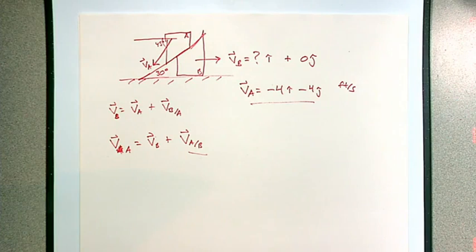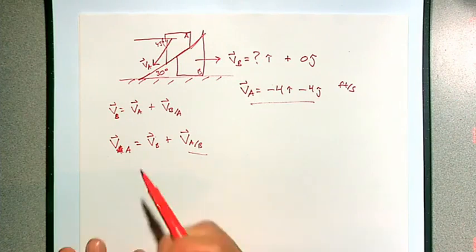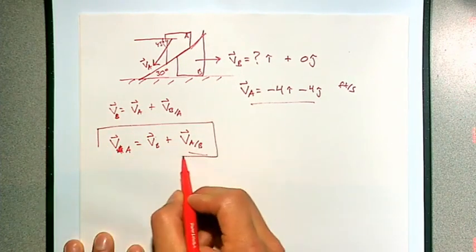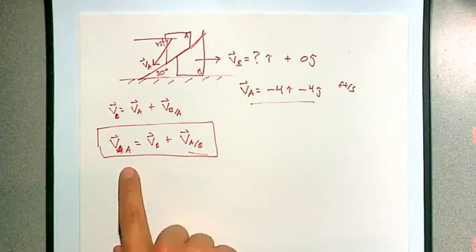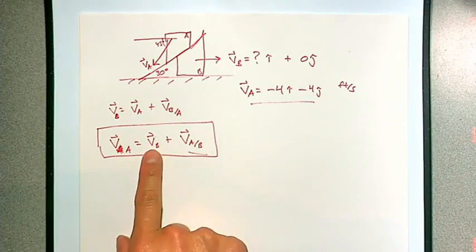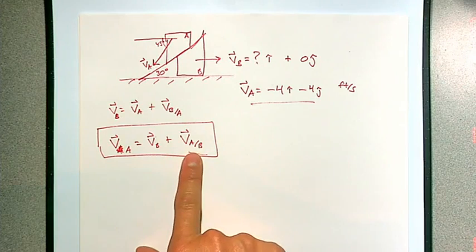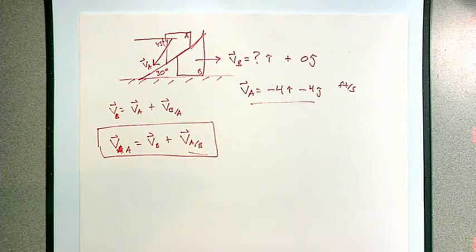Think about it from a vector addition standpoint. If this is the equation we're going to use, my velocity of A is equal to my velocity of B plus the velocity between these two. And I cleverly drew these to work out that way.